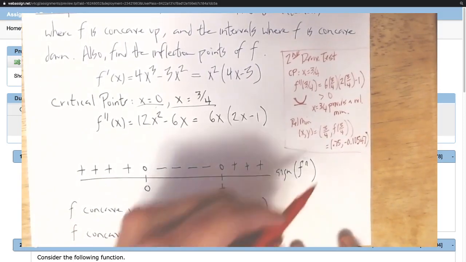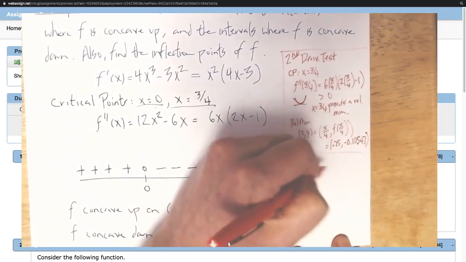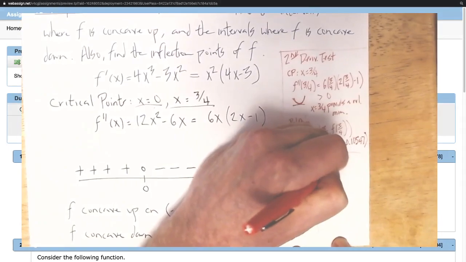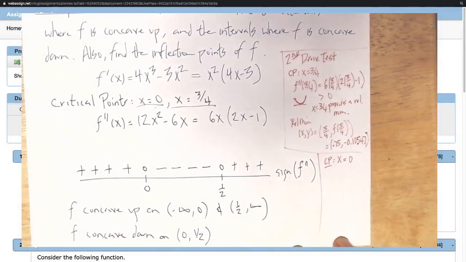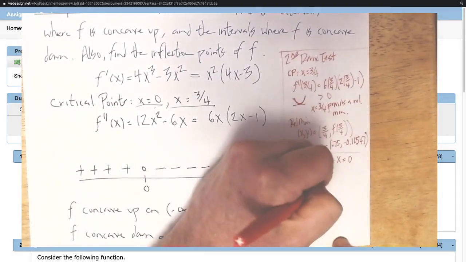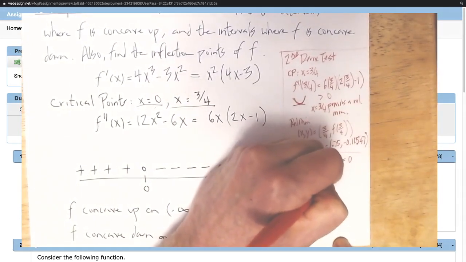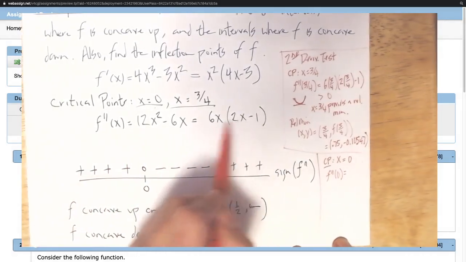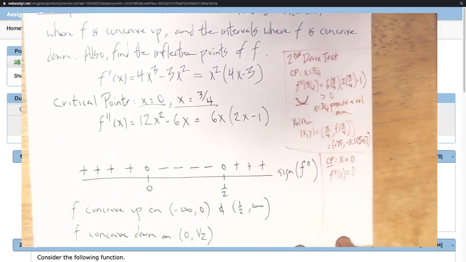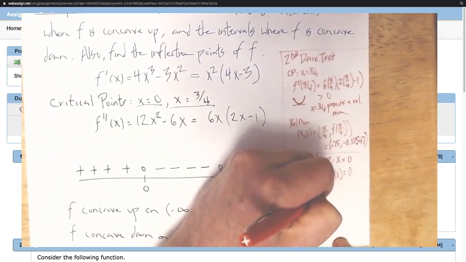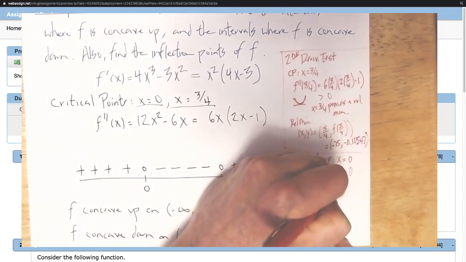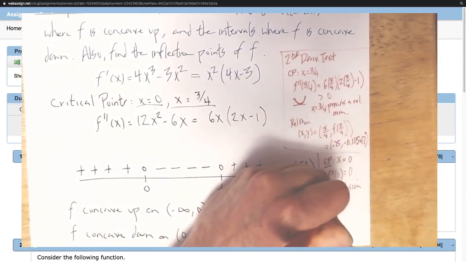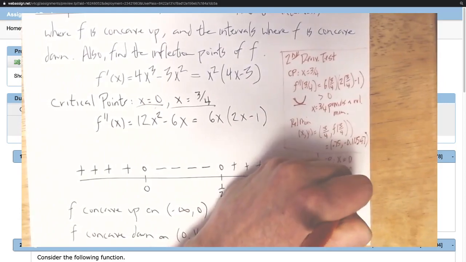And then let me continue down here. The second derivative test for the critical point x equals 0. Here's where the second derivative gives us a problem, because f double prime of 0, I'm plugging x equals 0 in here, is going to give me a big fat 0. And so there's no conclusion from the second derivative test.